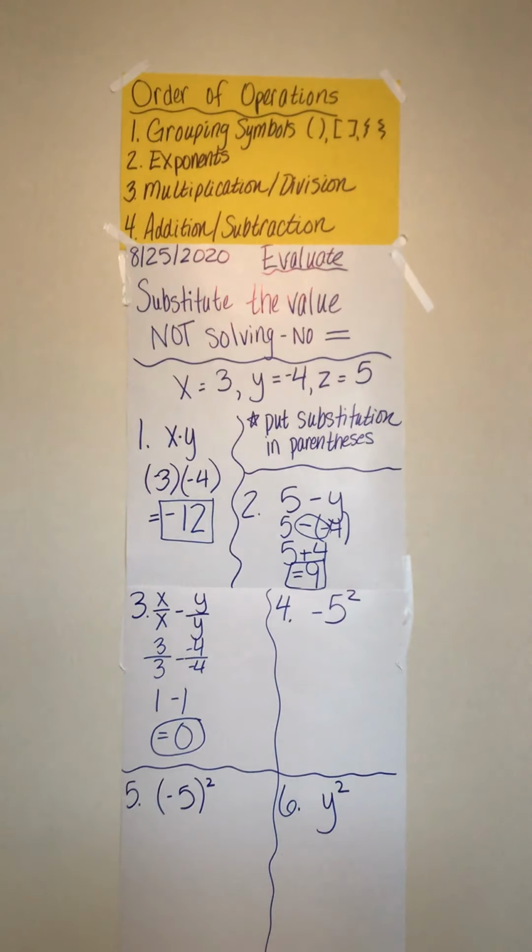Okay, look at 4 and 5. They look kind of similar, but the parentheses will make it a completely different math problem. So for number 4, we have -5 squared. Square means you're multiplying the number by itself. But in this case, the 5 is the only thing squared. So we'll rewrite this.